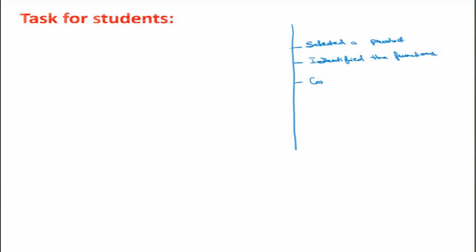Now I have a task for you people. Now you have seen the methodology. I would just request you, the product that you have selected, you have already selected a product, next you have identified the functions, now try to find the cost for the functions and rank also you have developed for the functions.